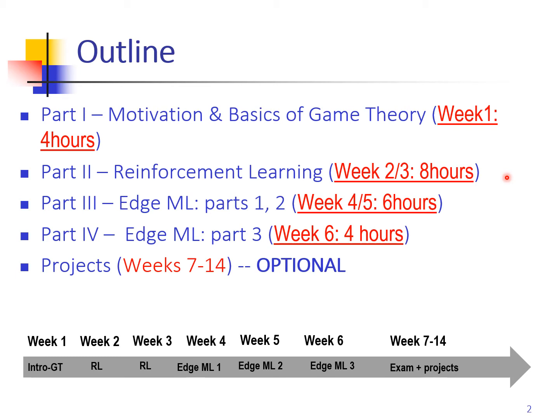And then once this part is over, then we will move to a different yet related framework of distributed machine learning at the edge of the network. And this is a very comprehensive part, which will actually span 3 weeks. And here we will go over a number of algorithms that are typically different from a centralized machine learning setting.